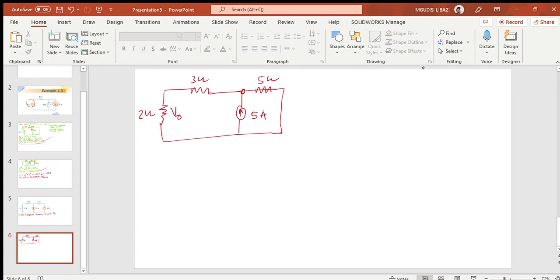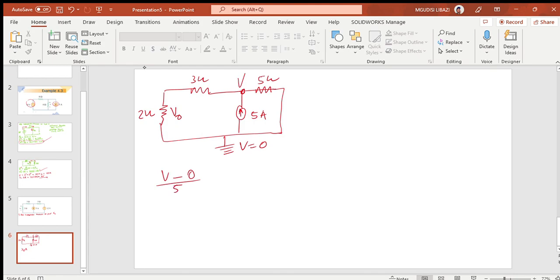So now I assume this is V here, and this is the ground. Using nodal analysis, I'm going to say V minus 0, since the voltage at the ground is 0, divided by 3 plus 2, which is this resistor and this resistor, since they are connected in series, so that's 5.